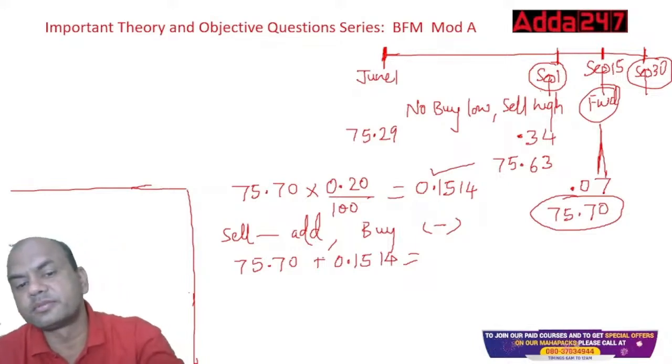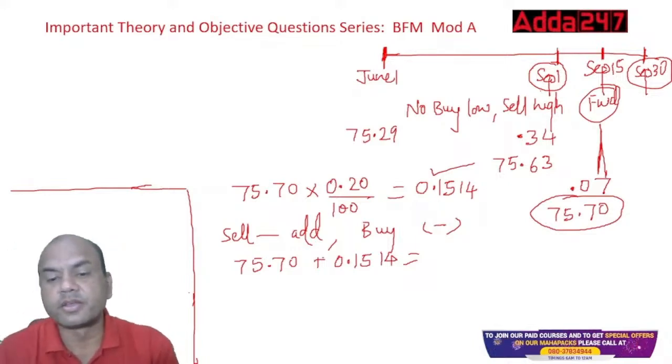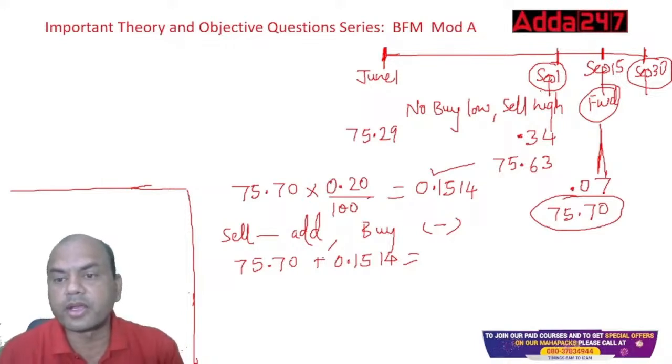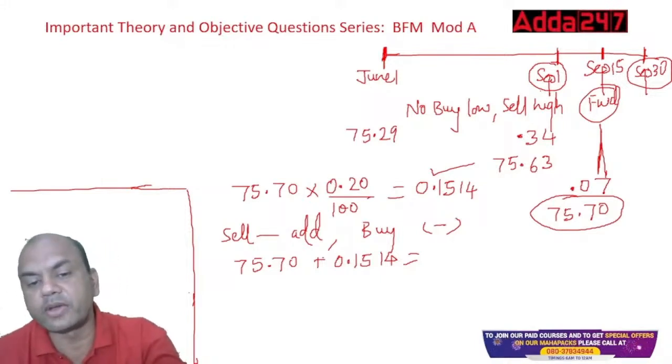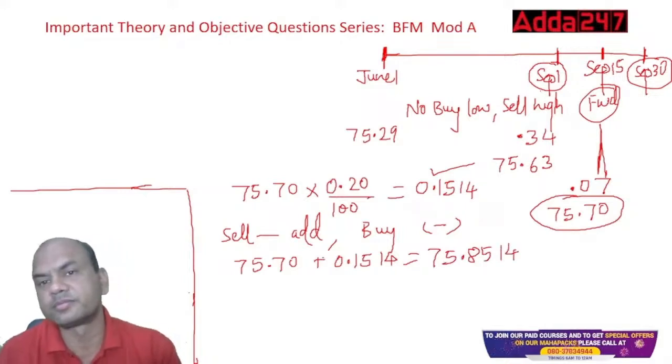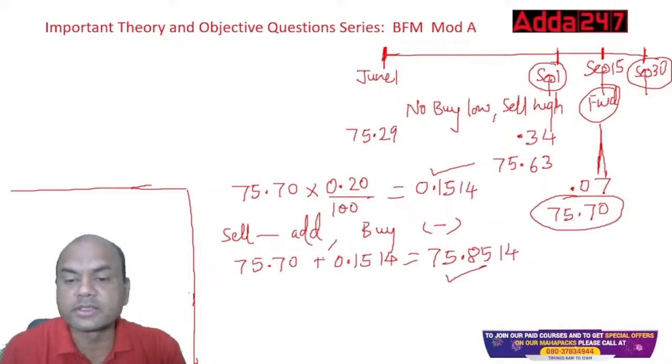It is 75.7 plus 0.1514. Everyone tried 75.85. 75.8514. This is the exact answer you will be getting, and this is your final answer.